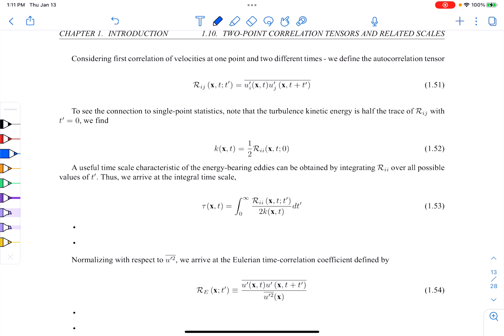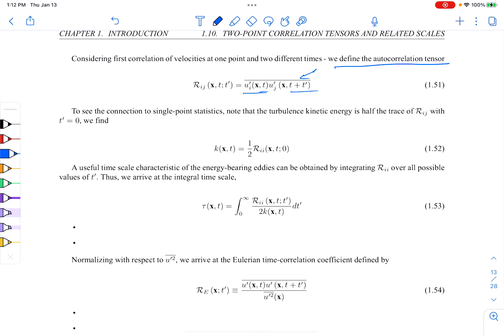And this is really a 1 spatial point correlation, but at 2 different times. And this is what we call the autocorrelation tensor. So if you're in a wind tunnel doing turbulent measurements, or wherever in the atmosphere doing turbulent measurements, or underwater, you can always take a 1-point statistic and look at the correlation essentially at different times.